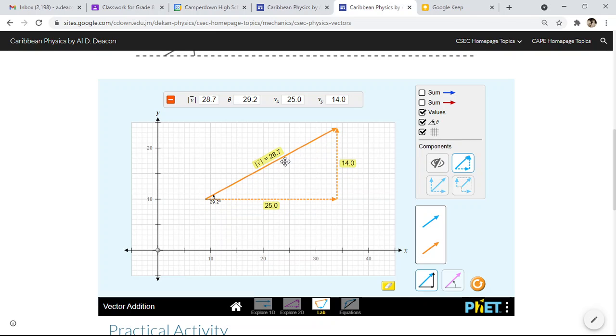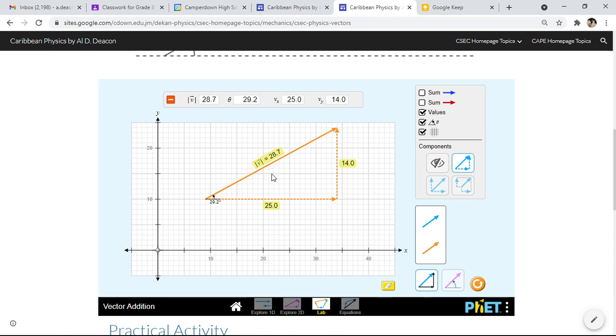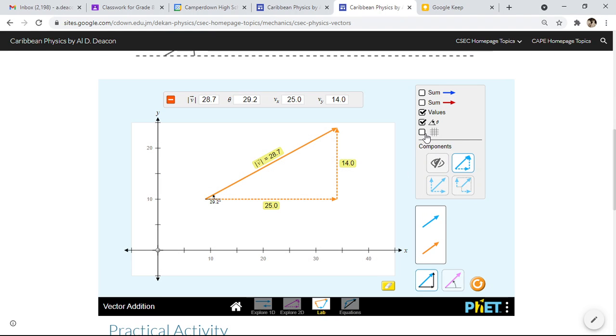And then what I did was use Pythagoras theorem, which is r squared is equal to x squared plus y squared. And I love to use r squared because r squared would be what you see as v, the 28, the whole of this would be r squared. Let me take out the values and hide this. This would be r.